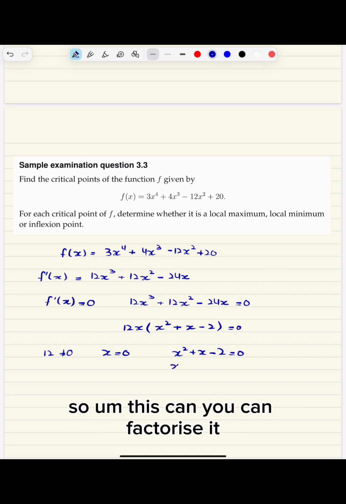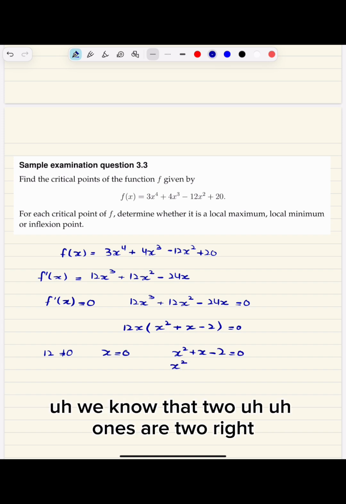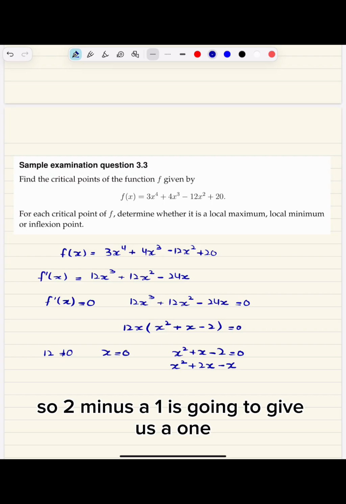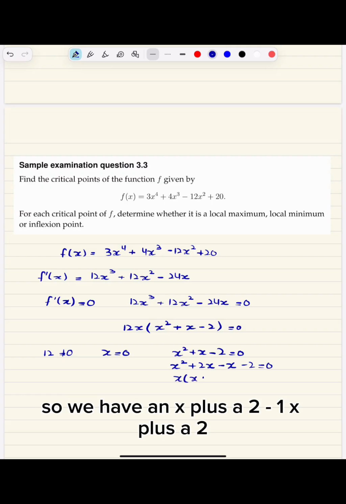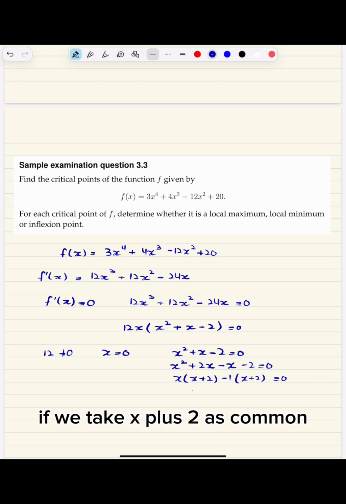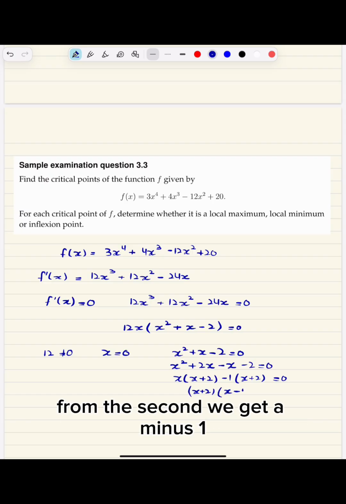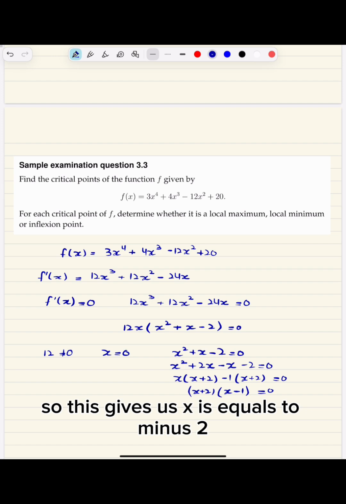So you can factorize it. We know the two ones are 2, right? So 2 minus 1 is going to give us 1. So we have (x + 2)(x - 1). If we take x + 2 as common, from the first we'll get x, from the second we'll get -1. So this gives us x = -2 and x = 1.